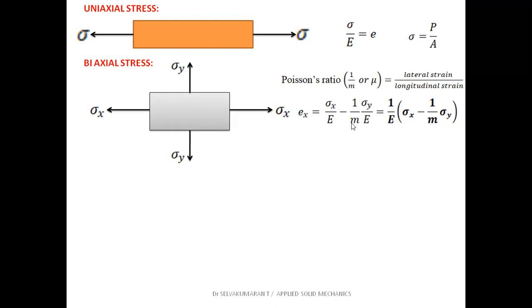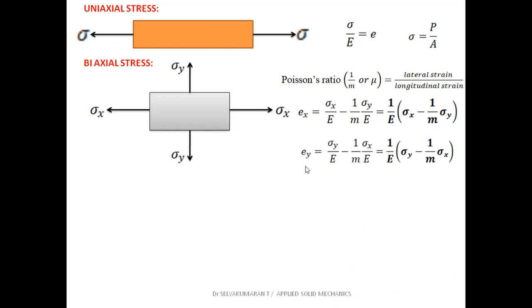So minus 1 by m into sigma y by E. Sigma y by E is the longitudinal strain in y direction, multiplied by 1 by m, that becomes the lateral strain in x direction. E is constant, so Ex is 1 by E, sigma x minus 1 by m into sigma y.